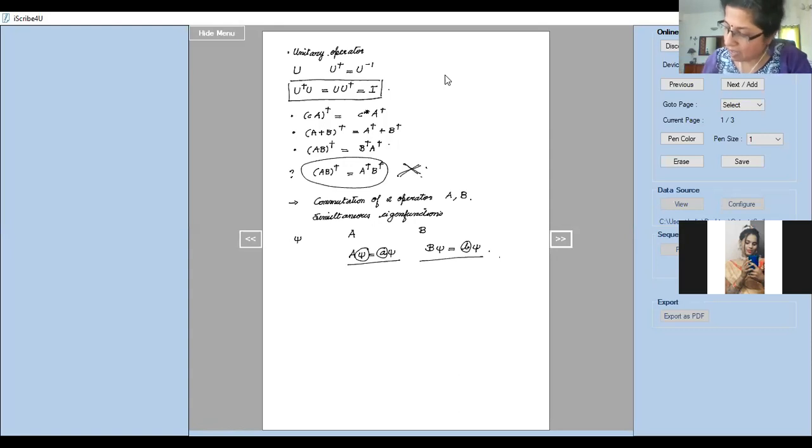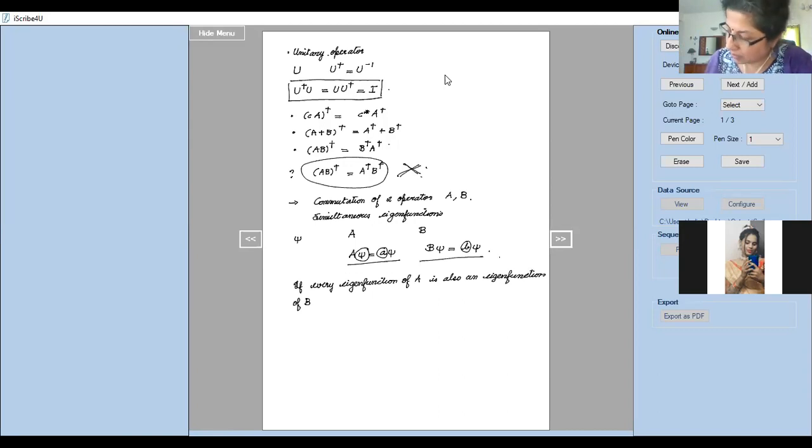Now, if every eigenfunction of A, which means all the eigenfunctions of A, is also an eigenfunction of B, then I can make two statements.